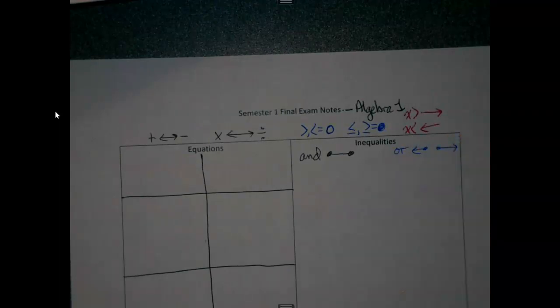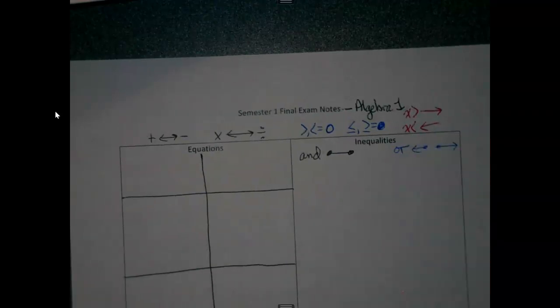Maybe I want more help. That should be R. On what the graphs look like. So maybe I want to see if I see and, I know the graphs coming together. And if it's or, I know my arrows are going out when I'm doing things like that.